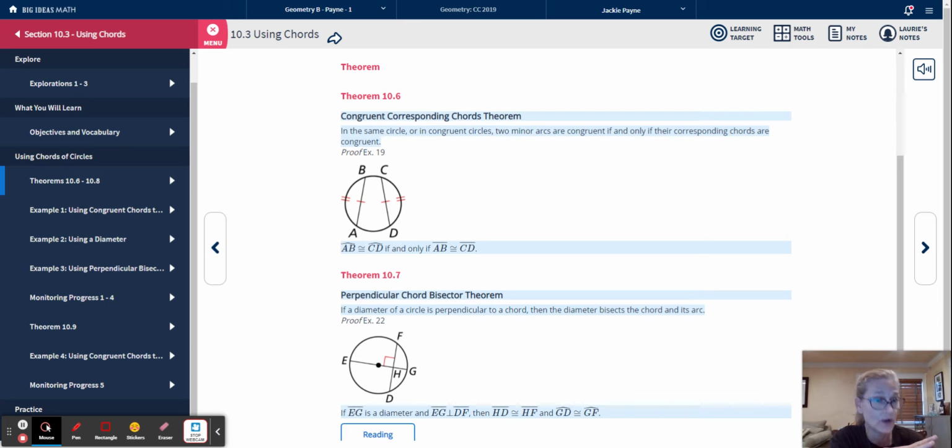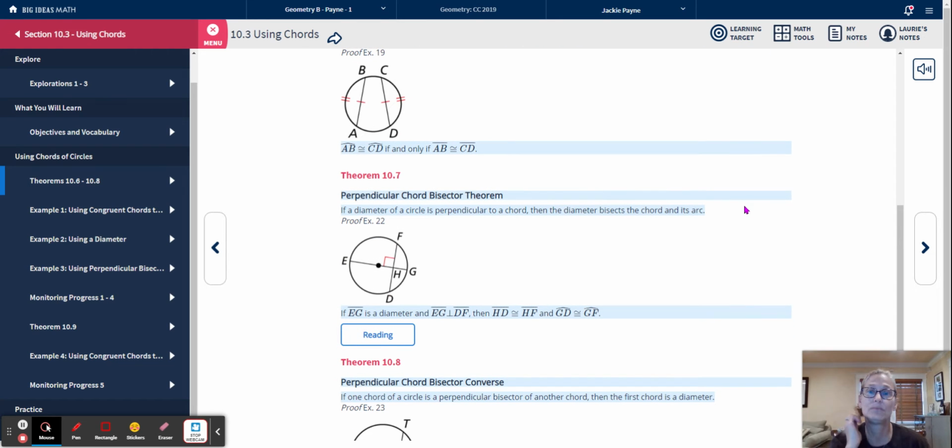In our class notes, I'll be highlighting stuff like this. I know that this arc is congruent to this arc, the arcs, if and only if it must happen that these 2 chords are also the same distance.